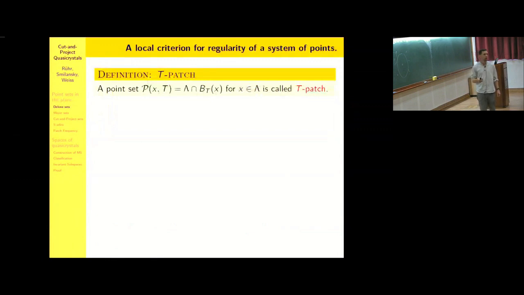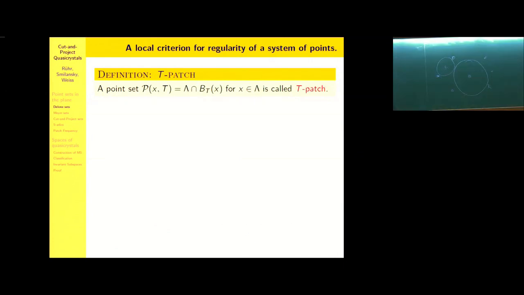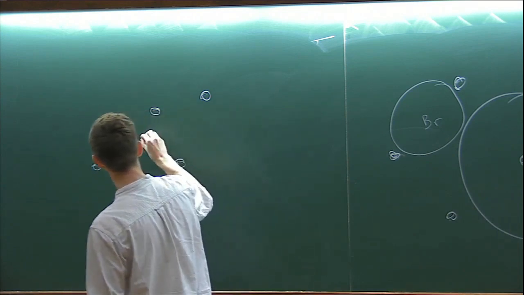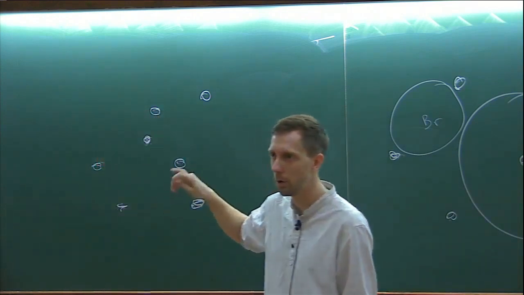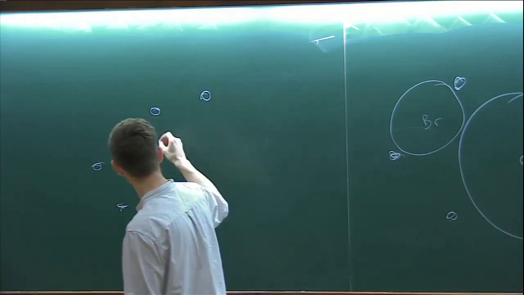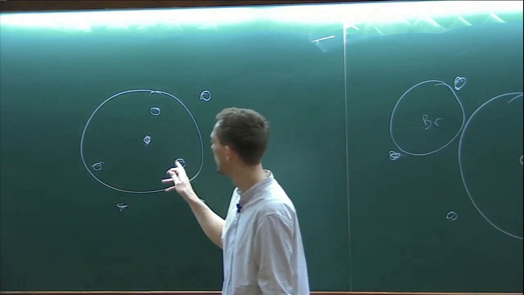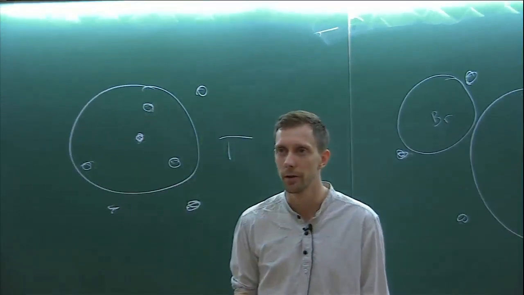One way to understand those general point sets is by looking at patches. So you fix some T, and if you have your point set, you look at all possible balls centered at the point set of radius T, and you ask which configurations can you see.